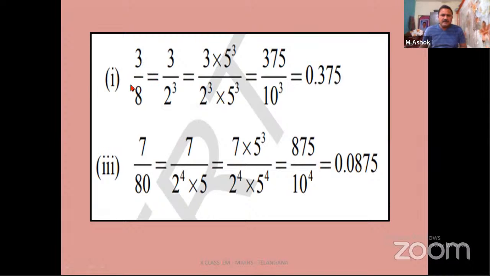For example, 3 by 10 means 0.3, and 3 by 100 means 0.03. Like that, without doing actual division, I write the decimal form.